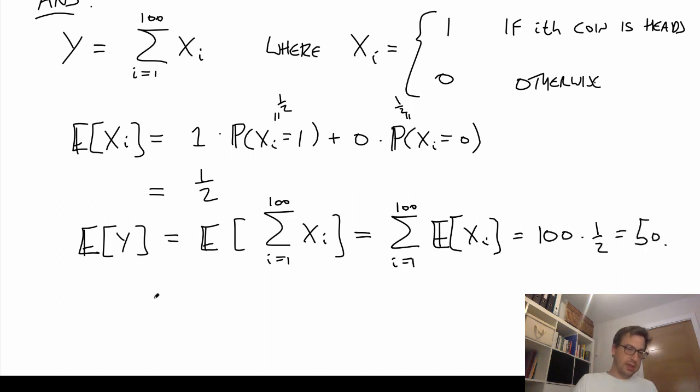Okay, now it seems a kind of easyish calculation from the way I've given this, but one thing to say is it's easier than, say, working out something like the probability that y equals 52 and then multiplying that by 52, and doing that for every number that you can get. Alright, so it's easier than working out the calculation this way.